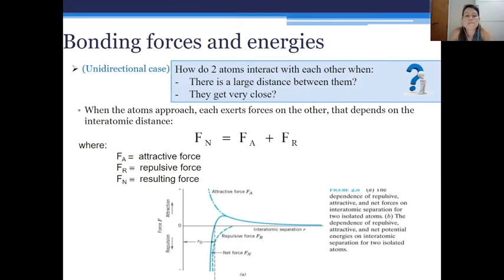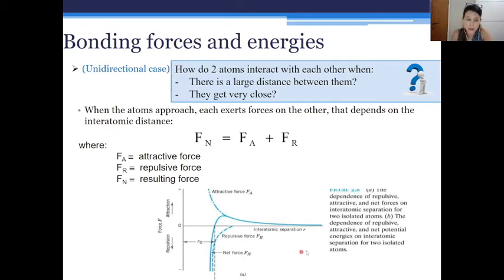If we want to represent it in a mathematical way, we can write down this equation: the resulting force between these two atoms is equal to the attractive force plus the repulsive force. Now let's represent graphically what is occurring according to the interatomic distance, or interatomic separation.